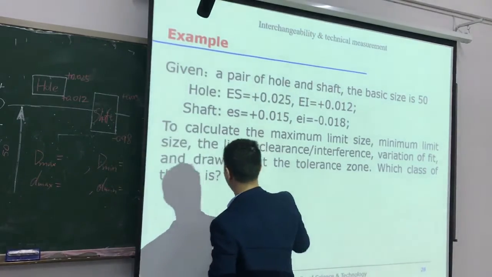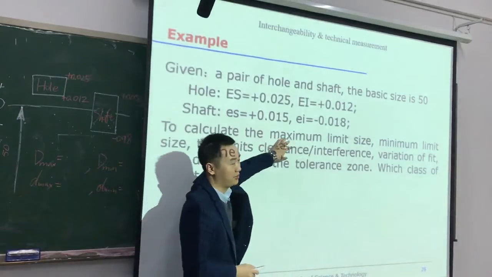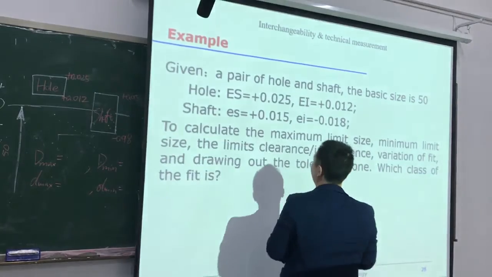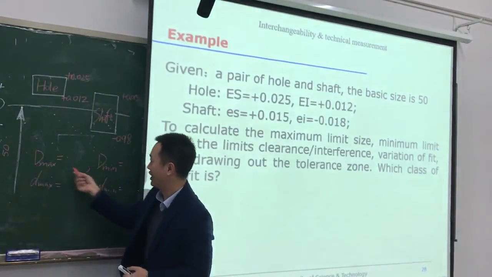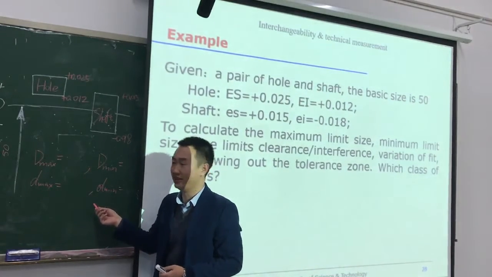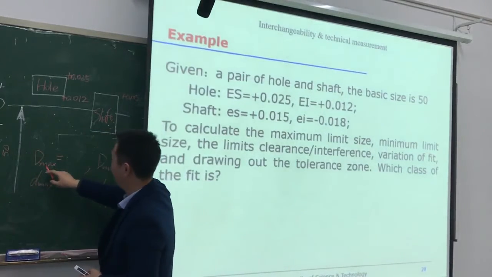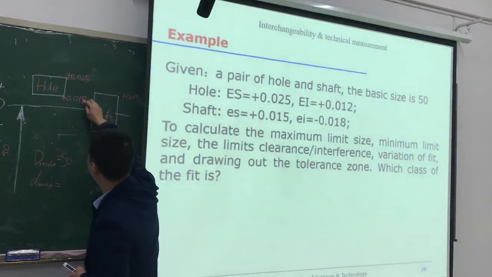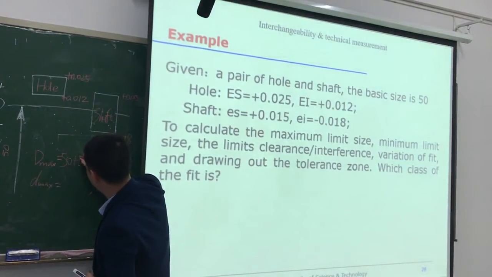So now let's also calculate the parameters one by one. The first is the maximum limit of size. We have to calculate these four values, which I believe are easy. The maximum size of the hole equals 15 plus the ES.